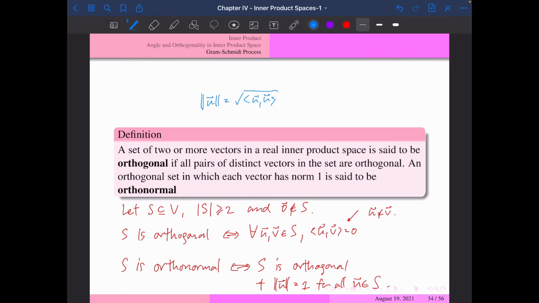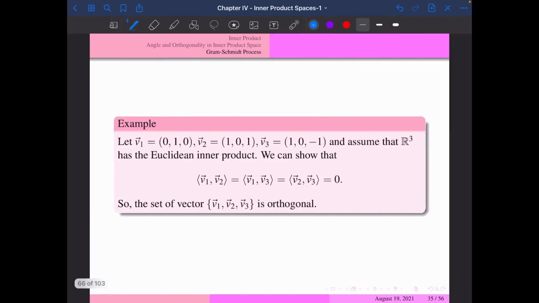Now we will move to an example of an orthogonal set and orthonormal set. The first one focuses on R3. Let v1 be the vector 0 1 0, v2 be 1 0 1, and v3 be 1 0 -1, and we use the Euclidean inner product.